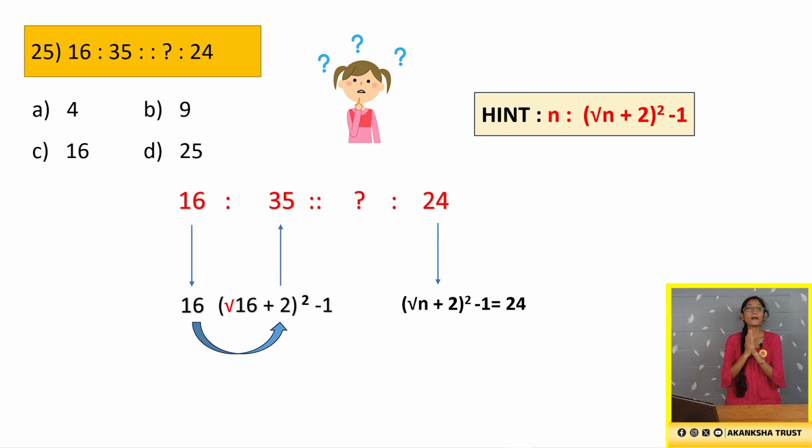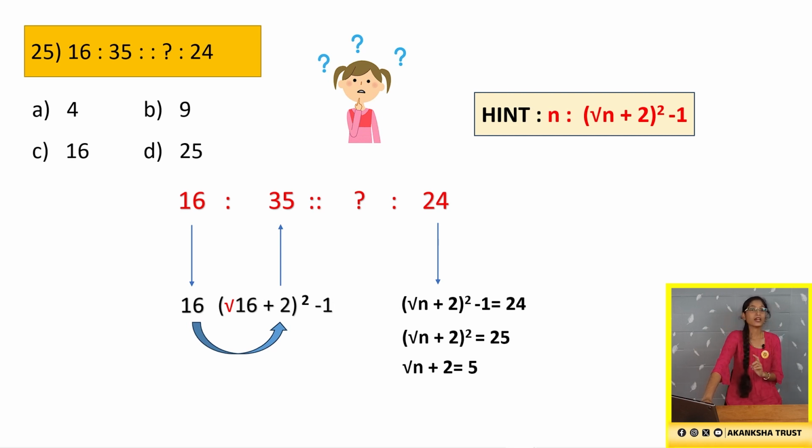So 24 plus 1 gives 25. Then the square: we do the operation inside the bracket later. First of all, we have to undo the square. The reverse of square is square root. So the square root of 25 is 5.